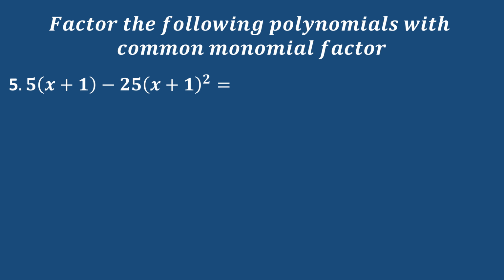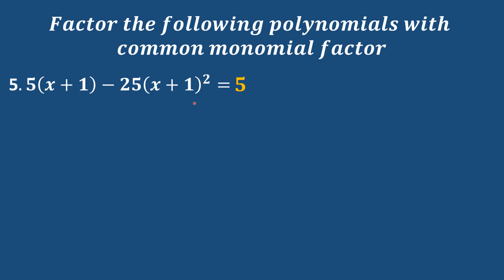So 5 and 25, of course, the 5 is our common factor of the two. And as you have seen, each term has a quantity x plus 1.